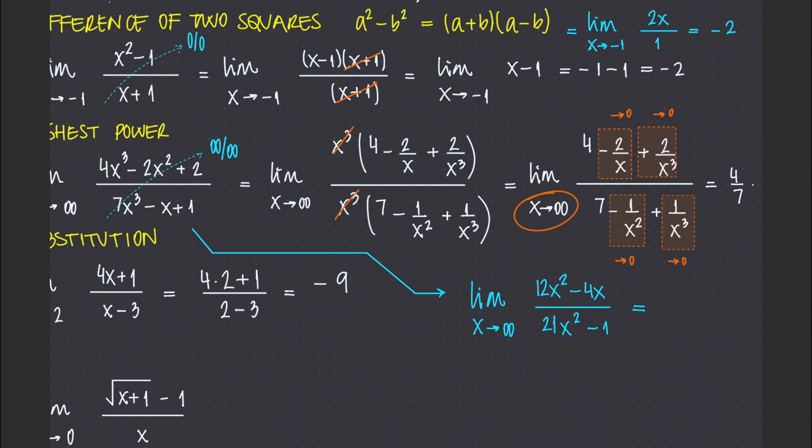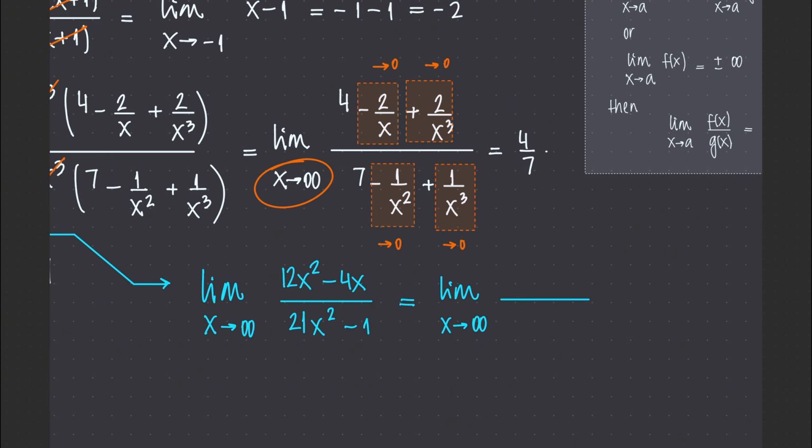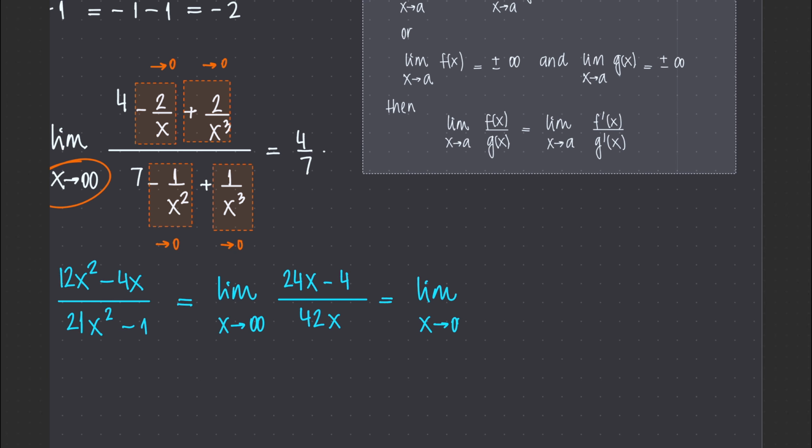Given that we still have infinity over infinity, we're going to apply it again: 24x minus 4 over 42x, and apply it once more, which gives us 24 over 42, also known as 4 over 7. Now 4 down, 2 more to go.